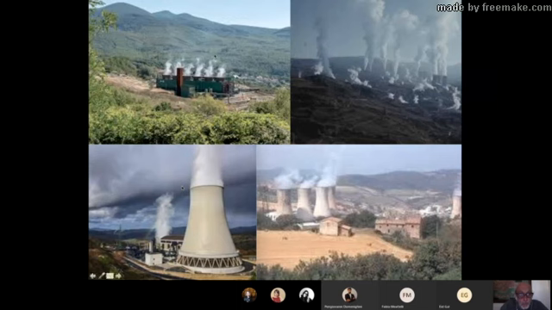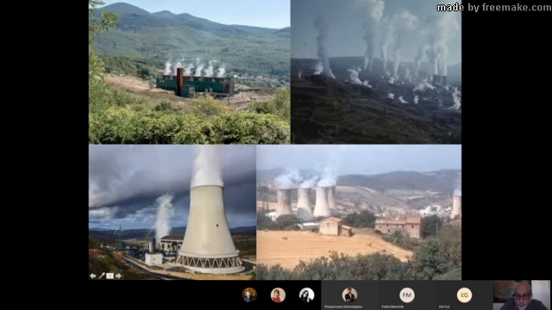The one on top left is the power plant on Mount Amiata. Mount Amiata is here in the back, and you can see that they have done a relatively good job of trying to mitigate the impact of the power plant by giving it a green color.